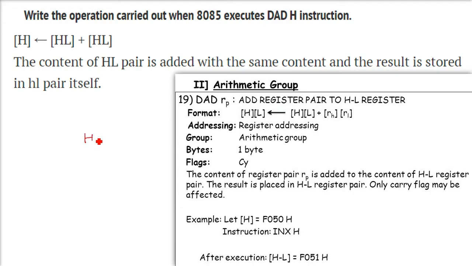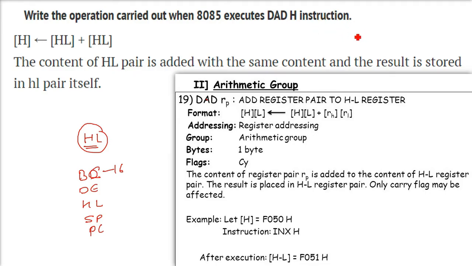As I discussed, we have the register pairs BC, DE, HL, and so on. Here the content of the HL pair will be added to itself and the result is stored in HL. We also have the stack pointer and the program counter. So DAD adds a register pair to the HL register.